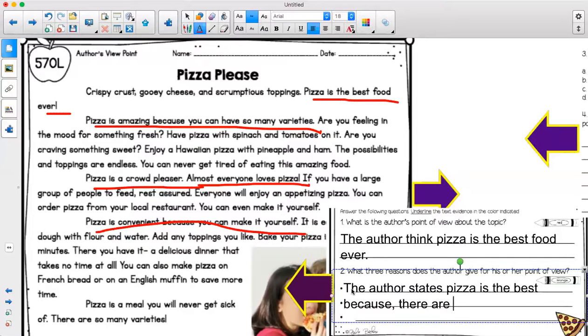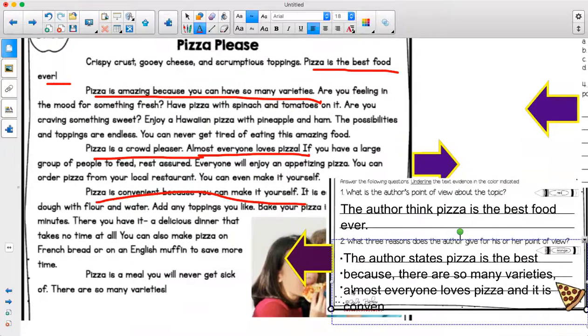there are so many varieties, almost everyone loves pizza, and it is convenient to make.